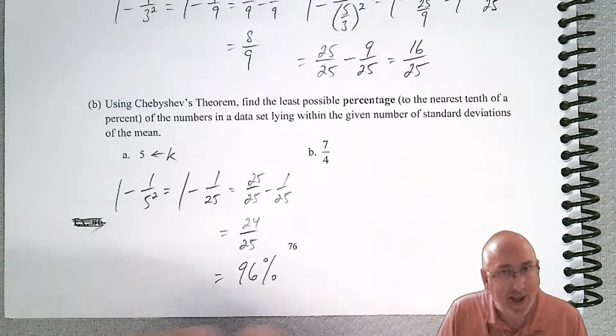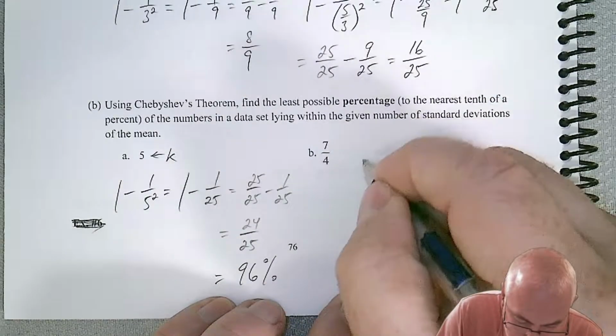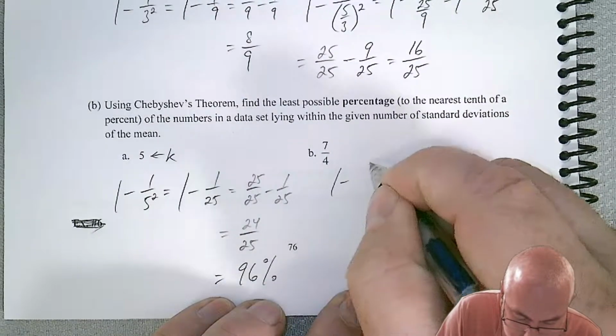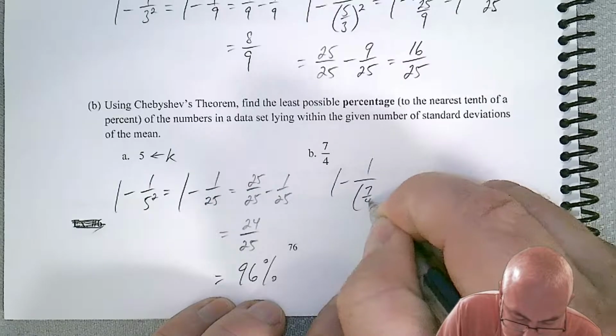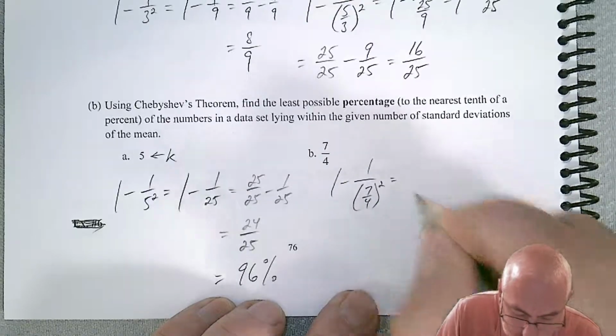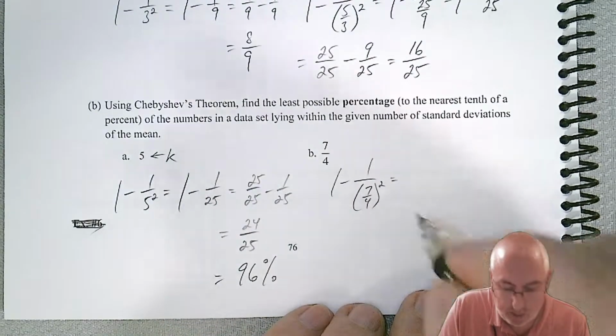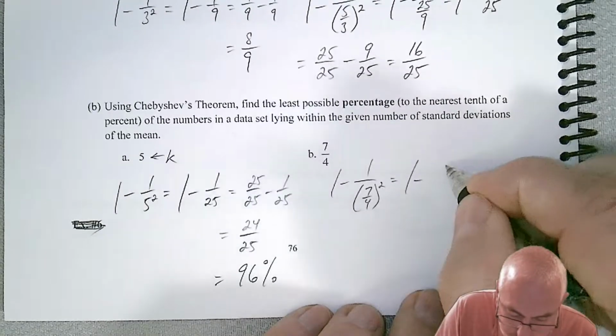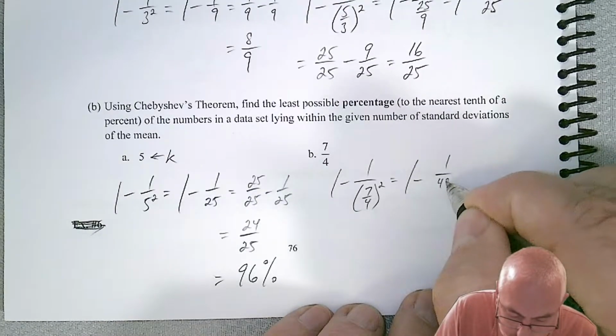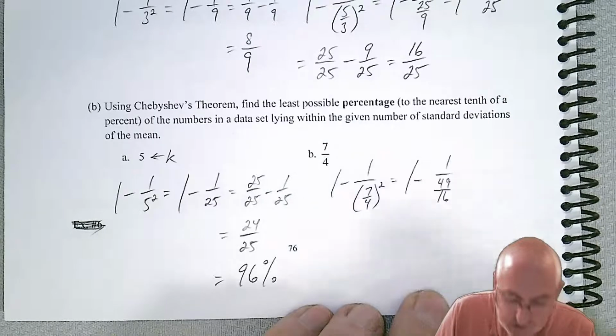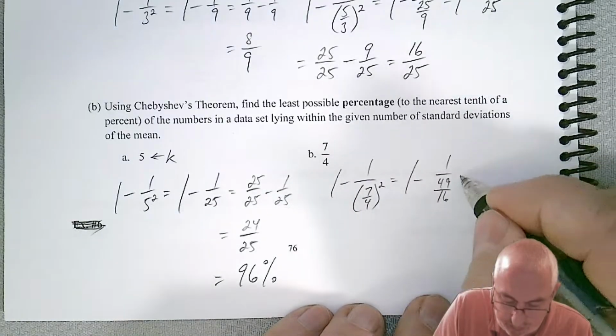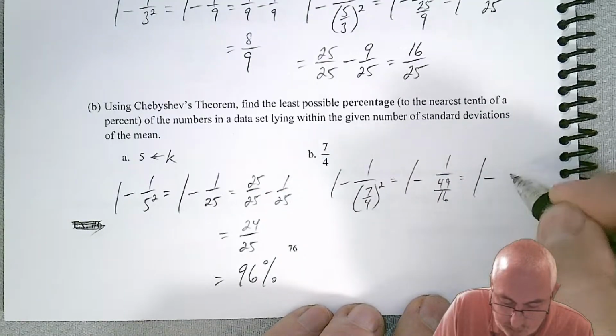All right, now let's tackle part B. So 1 minus 1 over 7/4 squared. So square the bottom, 49 over 16. And then remember we can find the reciprocal.